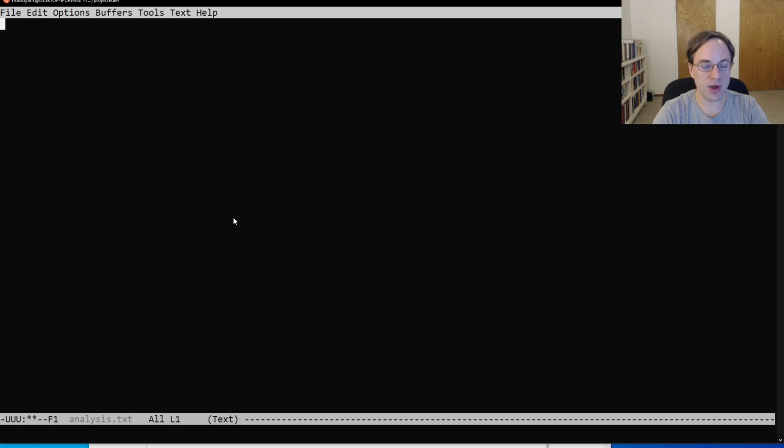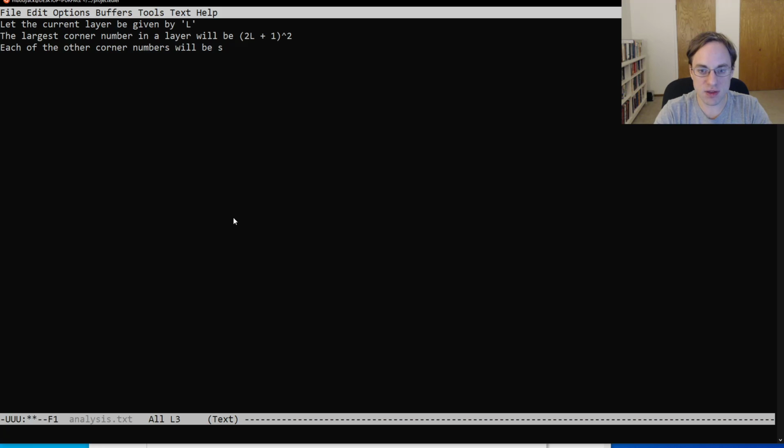So we'll say let the current layer be given by L. The largest corner number in a layer will be (2L plus 1) squared. Each of the other corner numbers will be some multiple of 2L less than that.